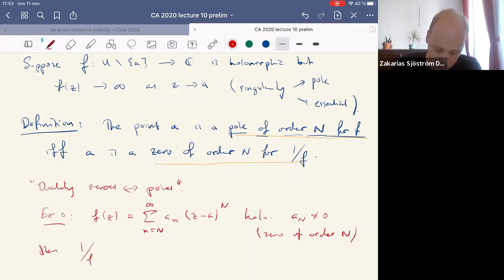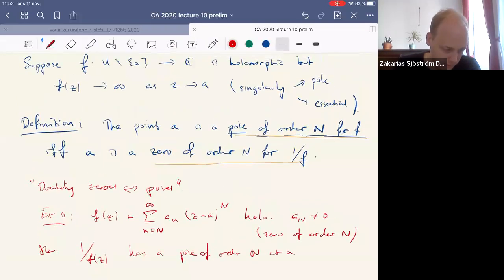Then what about 1 over f? Well, this one will have a pole of order n at a.